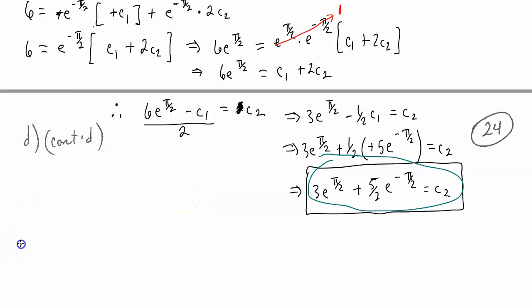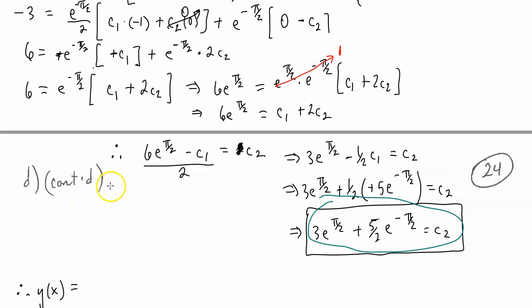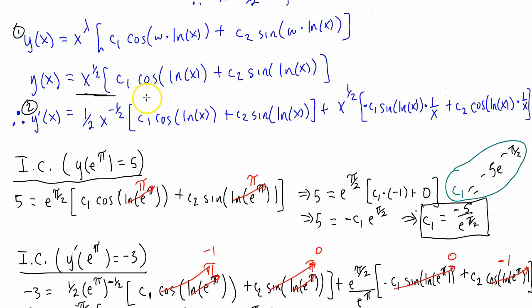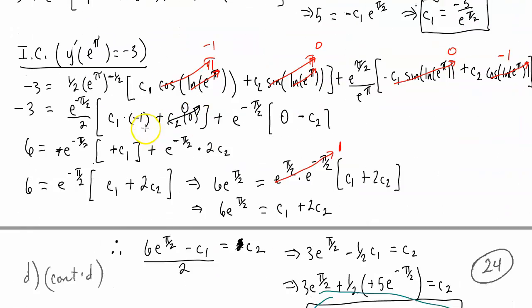So our general solution, y of x, and I'm going to just rewrite everything in general again. So if you remember here, the general solution was just x raised to the lambda, c1 cosine of omega natural log of x plus c2 sine of omega natural log of x.